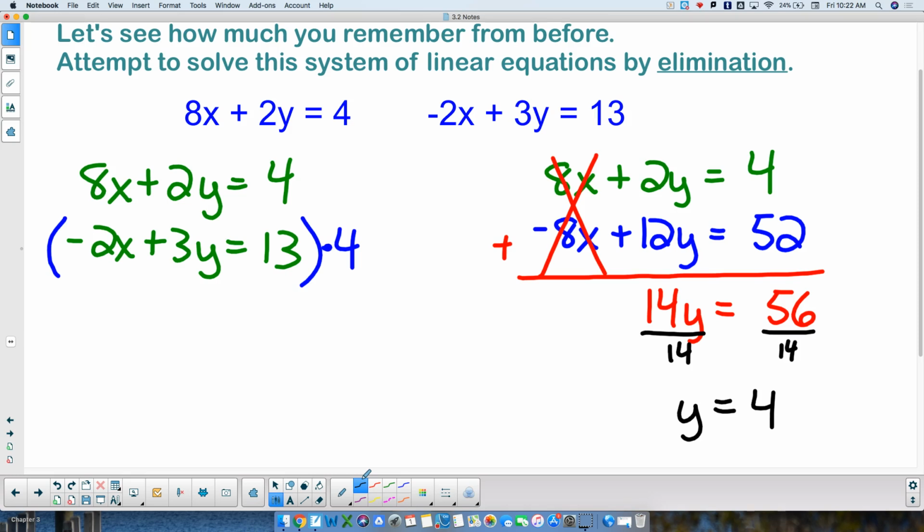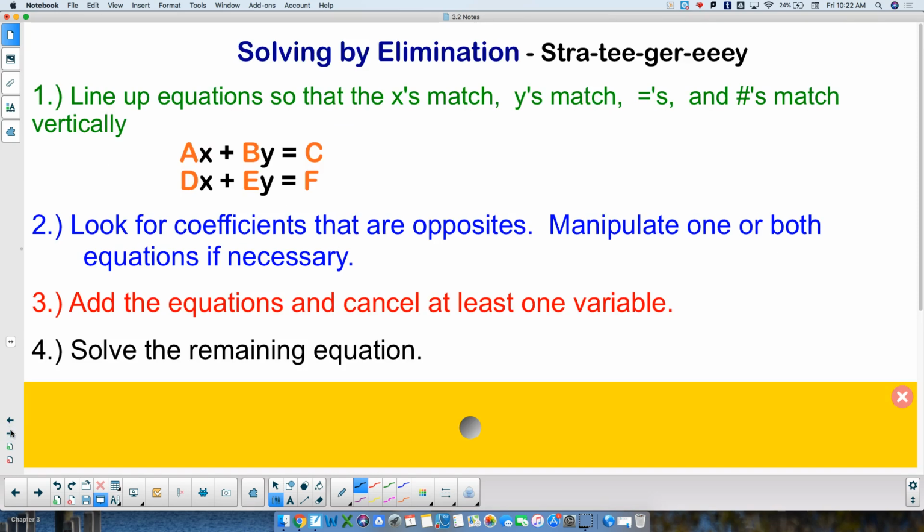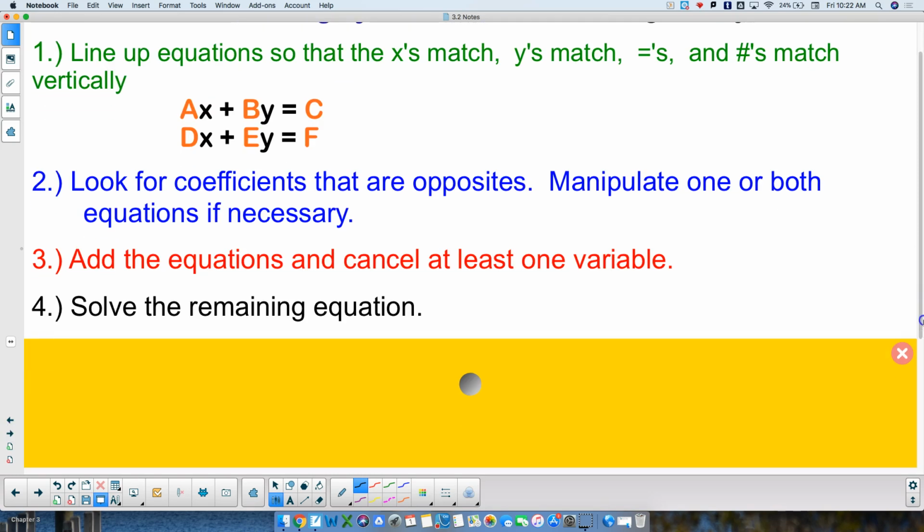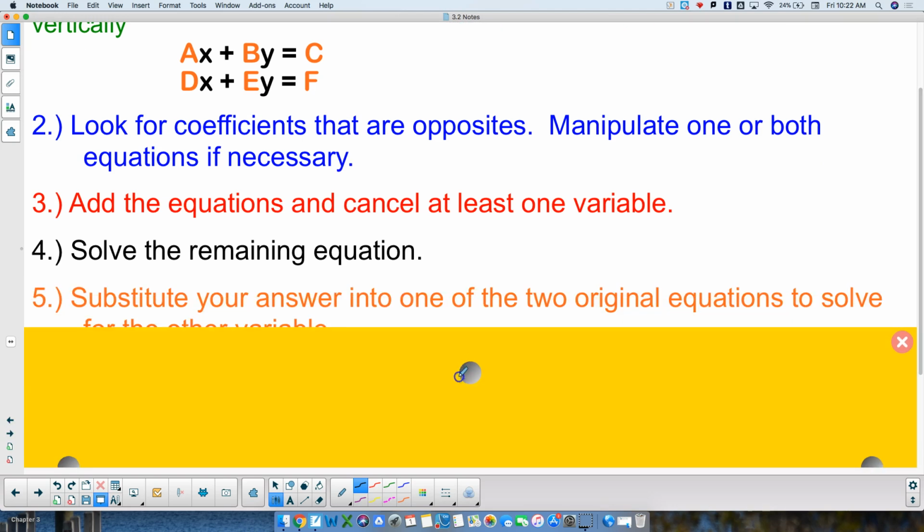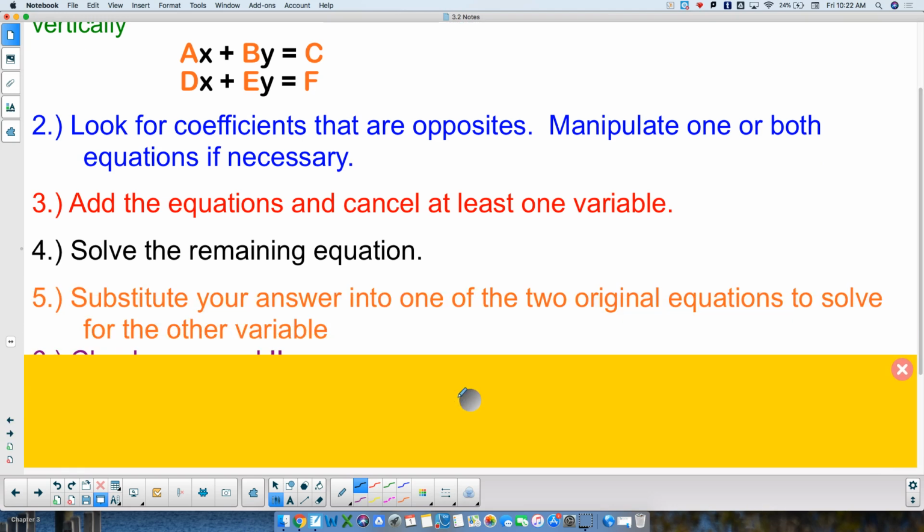Now what do you think we're going to do? Plug the y into the original equation. Okay. Solve for x. Next, we're going to substitute that answer that we got out of number 4 into one of the two original equations to get the other variable.